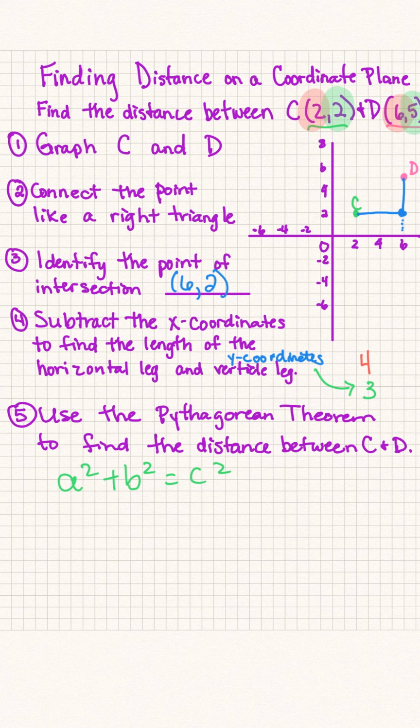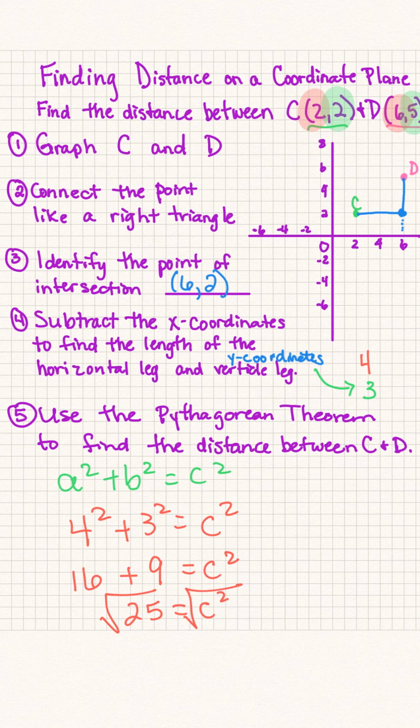So a, the first one, is going to be 4 squared plus 3 squared, and then we want to find out what c squared is. 4 times 4 is 16, plus 3 times 3 is 9, equals c squared. Add those together. 25 equals c squared. Find the square root. c equals 5. And that is our answer.